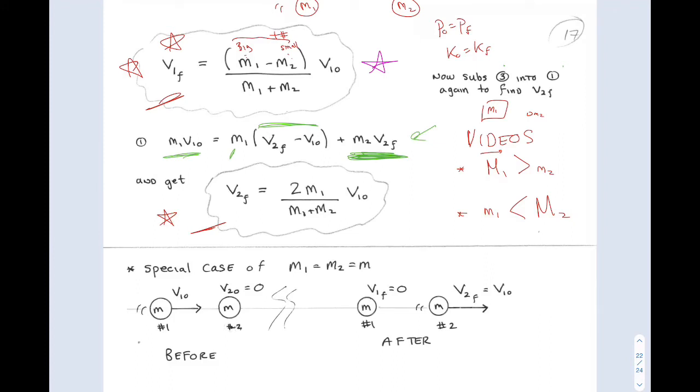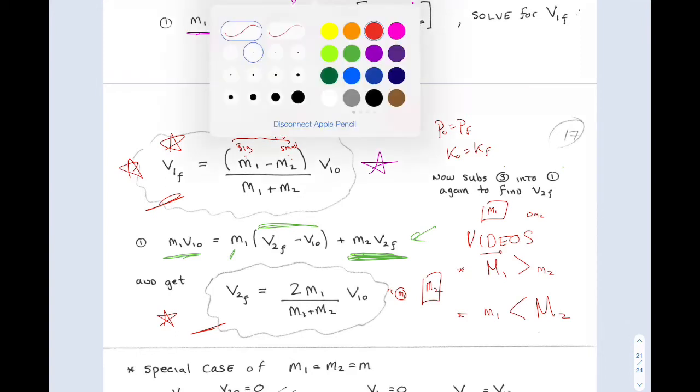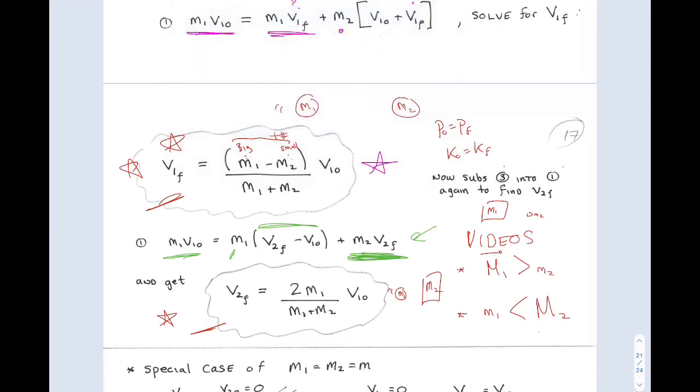The other video I'll show is for the other case, when M1 is small and M2 is huge. So here's my M1 coming in, and there's M2. If I go back up here, M1 is now small and M2 is big.